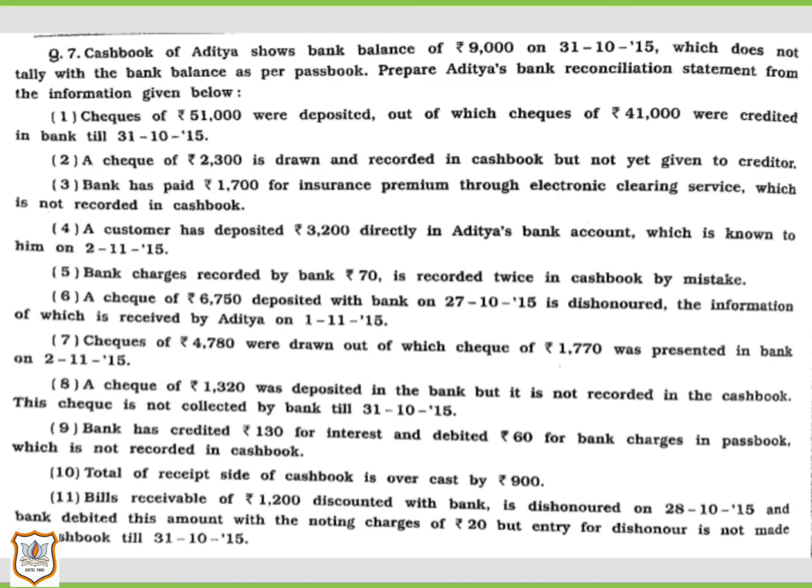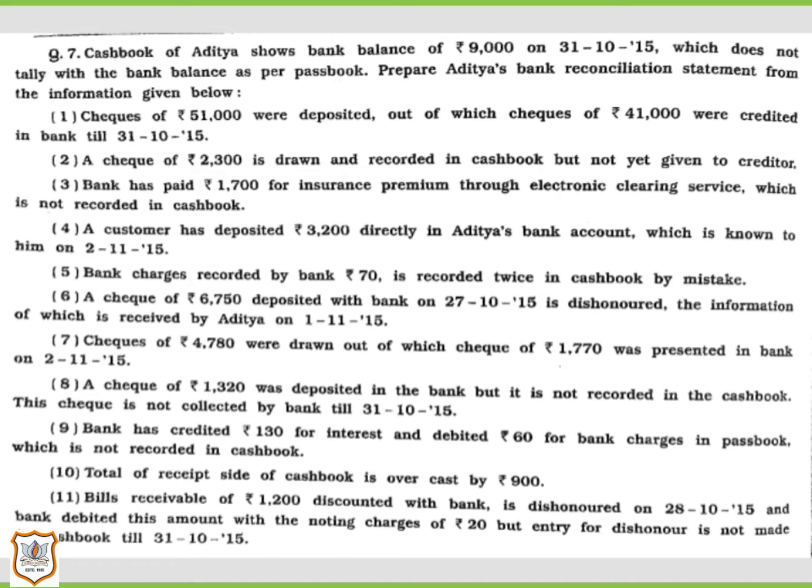But as it has not been given to creditor, that means it must have not been presented in a bank for its payment, and bank must have not made actual payment, because of which bank balance as per passbook wouldn't have decreased.